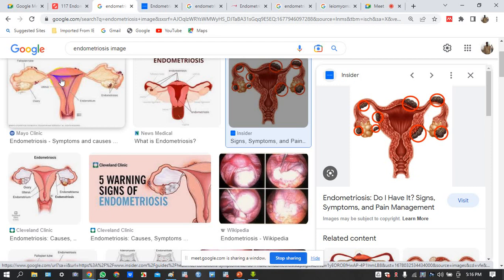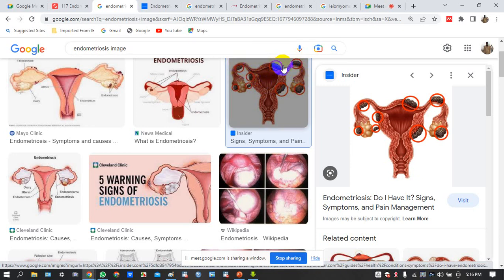Some parts of the tissue will leave and go and attach to the fallopian tube, or even go and attach to the ovary, or even go and attach to the ampulla. So you can see this is endometrial tissue. Instead of it to be inside the uterus or in the endometrium, so that it can nourish the blastocyst or the fetus, the endometrial tissue is moving around, taking visa to America, Canada, Ukraine, where you are not needed.